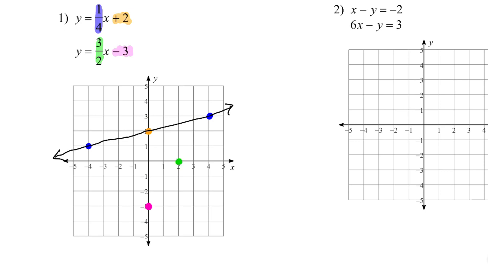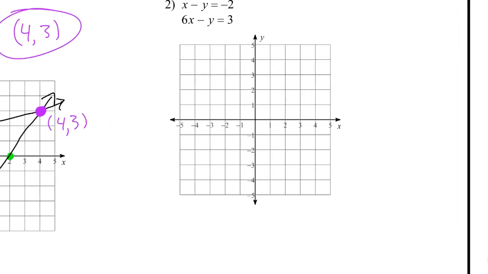So we're going to have points here and there, and I can connect those with a line. It continues on, and what I notice is that the point of intersection appears to be the point (4, 3), which is my solution.